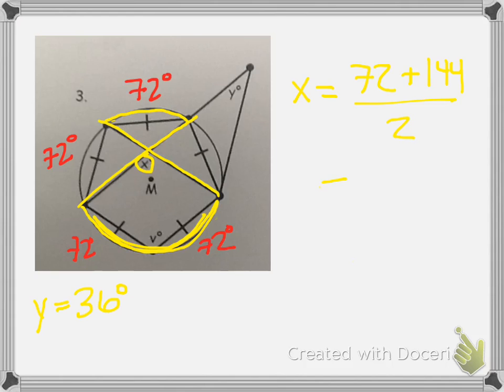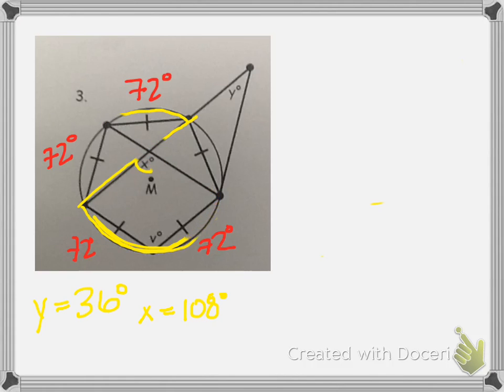So 72 plus 144 is 216, divided by 2, which is 108 degrees. So x is equal to 108 degrees.